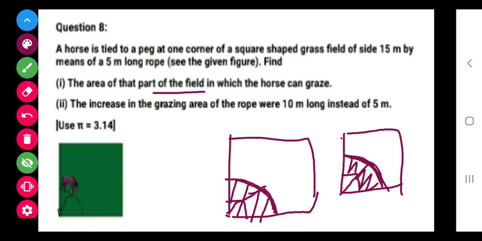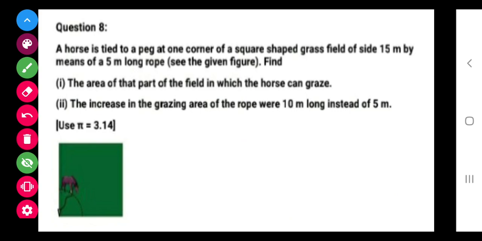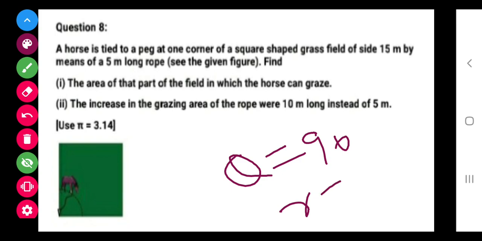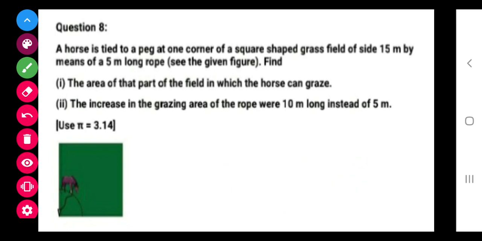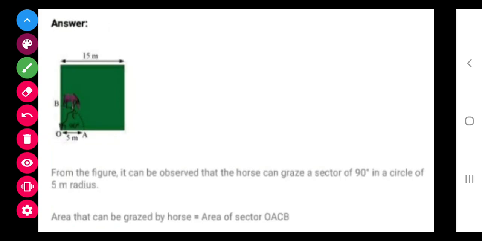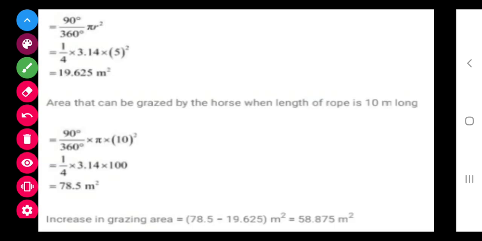So for the area of the part the horse can graze, here we have theta equals 90 degrees and radius equals 5, so we will put in the area of the sector. This is only given, and finally the area of sector formula is applied, and finally the answer is there.